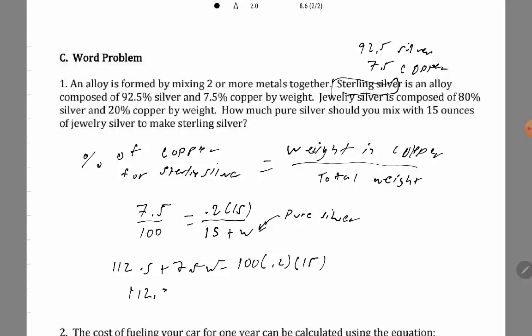So 112.5 plus 7.5 W equals 300. So 7.5 W equals 187.5. The amount of pure silver needed is 25 ounces. Okay.